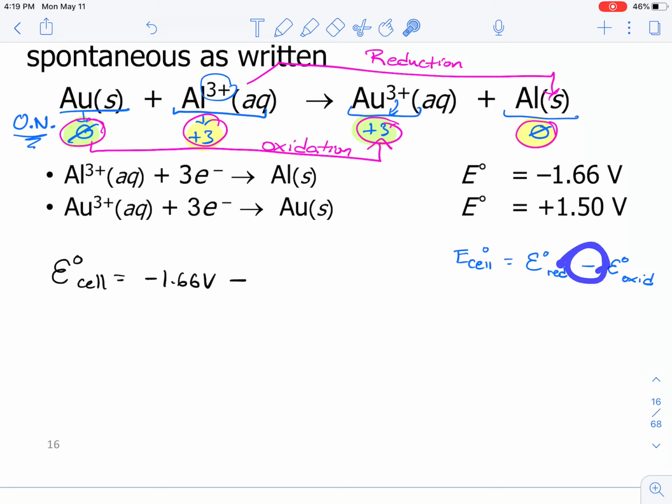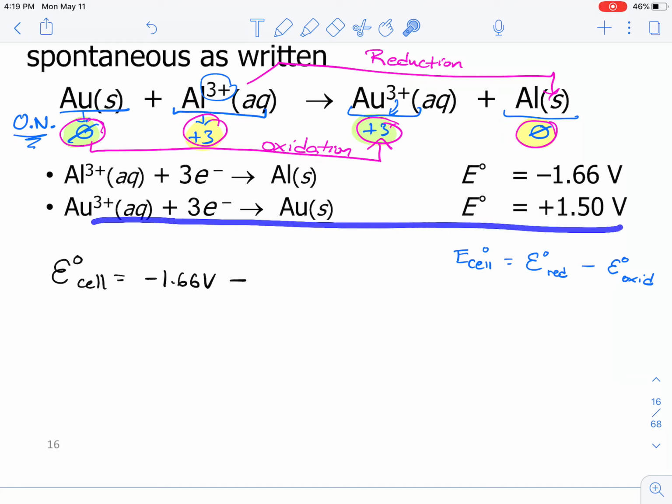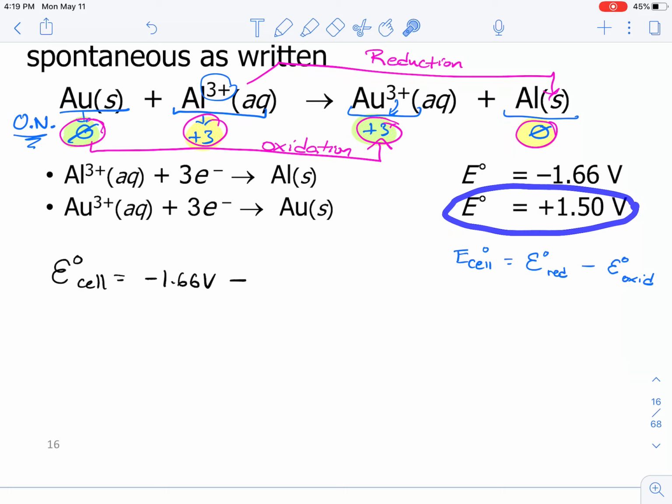And this negative sign will flip this sign so that the cell potential does represent oxidation, even though as written, it's a reduction potential. So this negative sign will flip this number so that it represents oxidation.